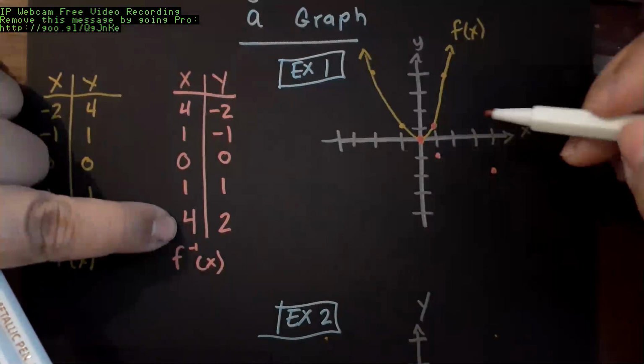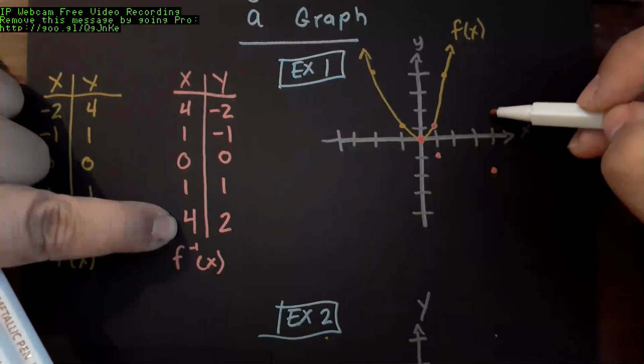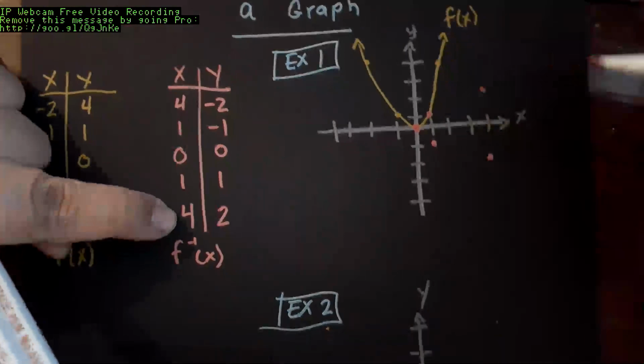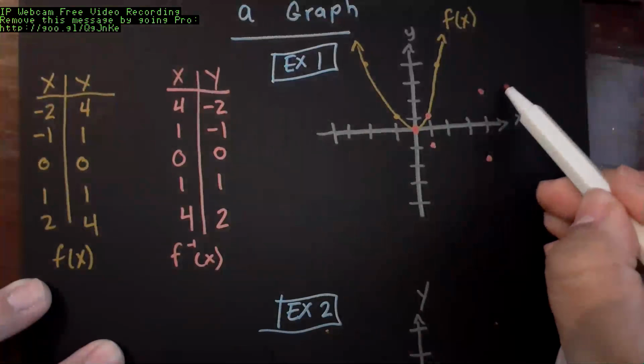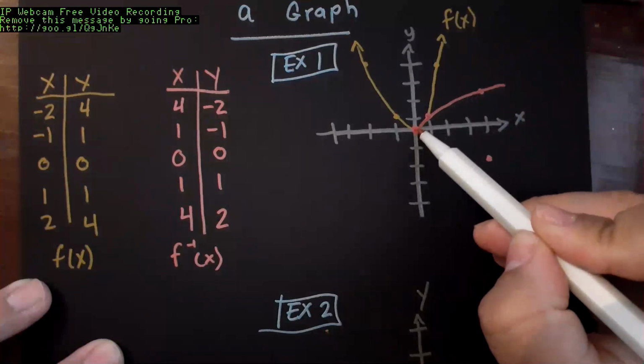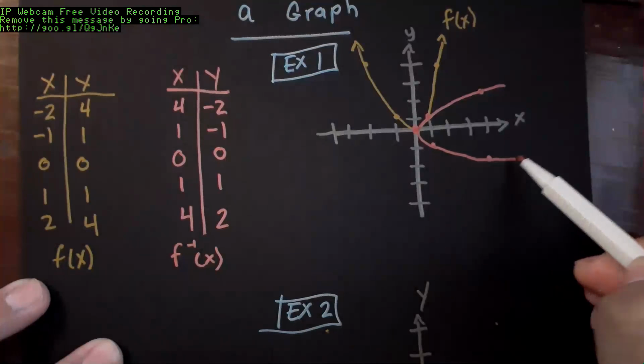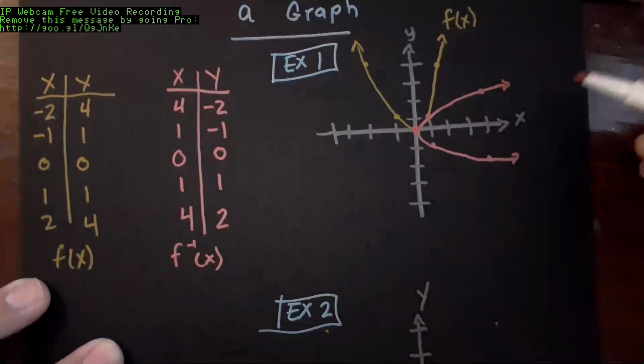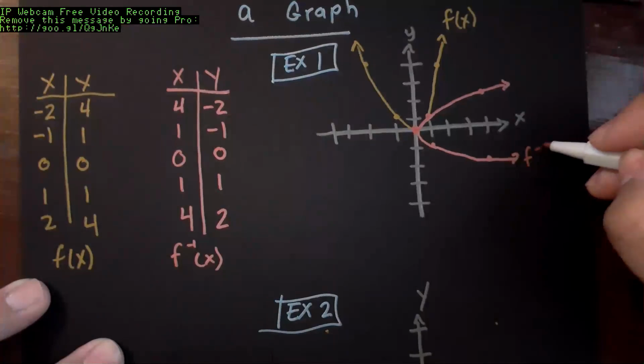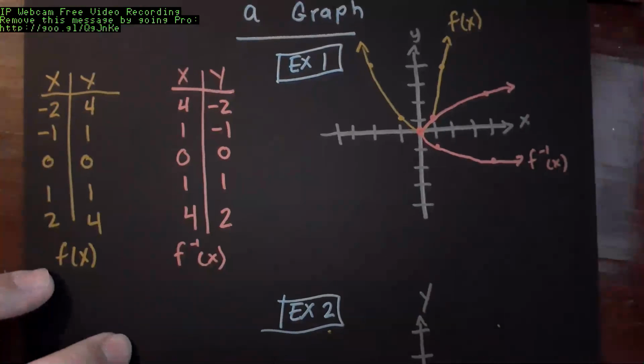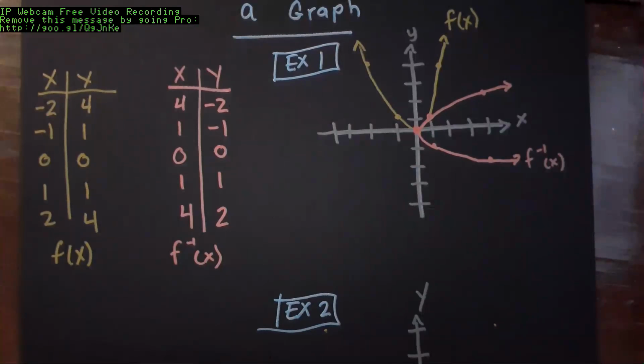And my last one is 4, +2. Okay, so now I'm going to go ahead and connect my points. And let me go ahead and label it.